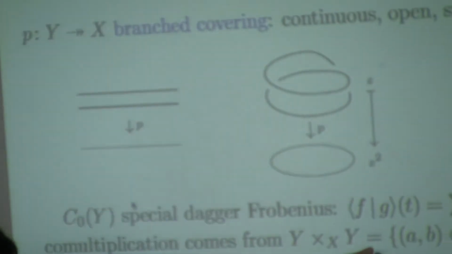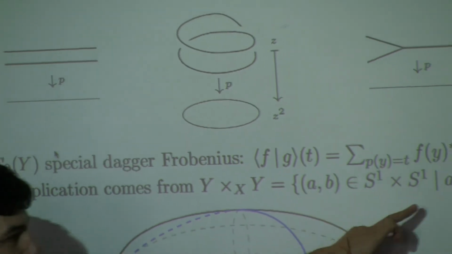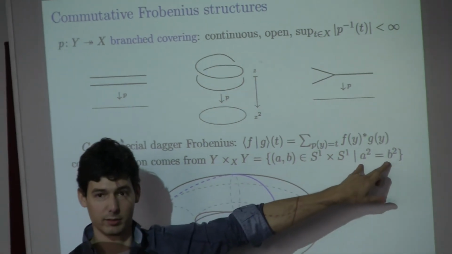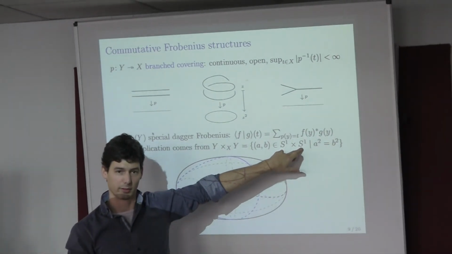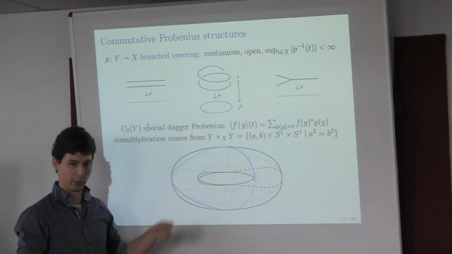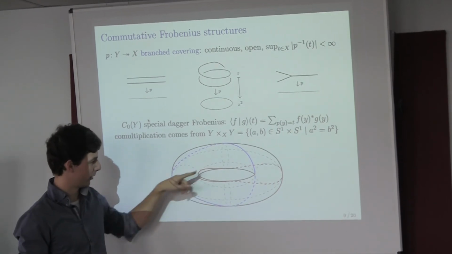So for example, if I take this cover here, the pullback of the spaces will literally be, X is a circle, S1, the pairs that map down to the same element. So it's this subset of the torus. If I painstakingly go out with my pen and paper and write down what that subset is, make a picture, it looks like this.